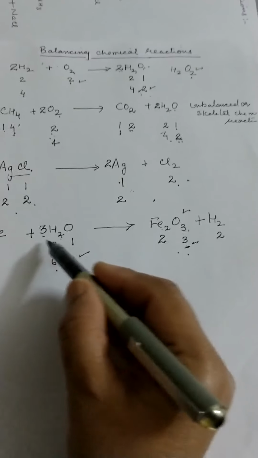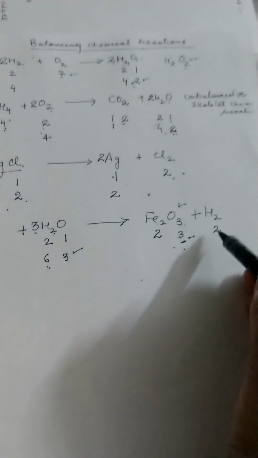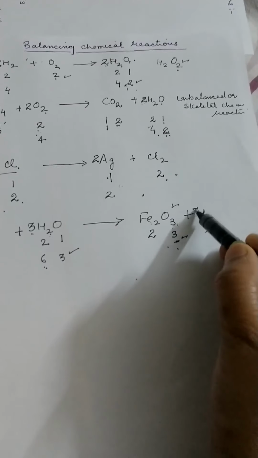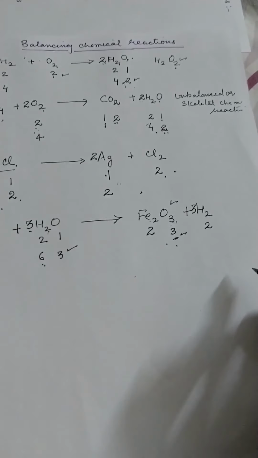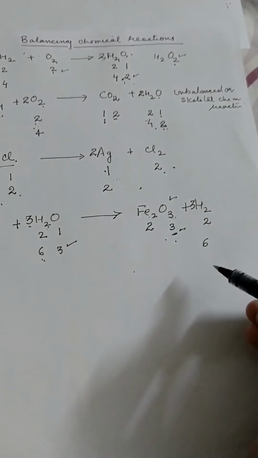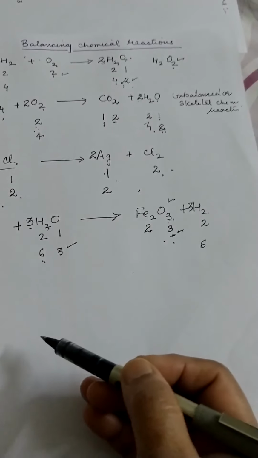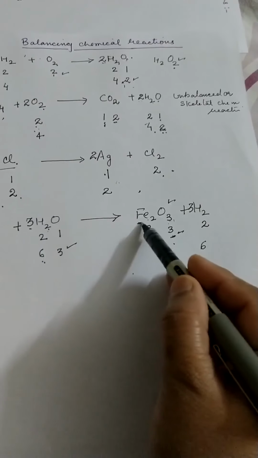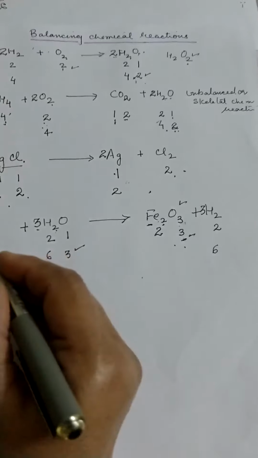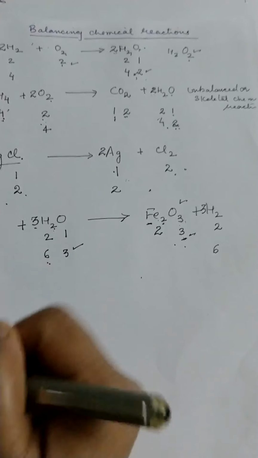Now hydrogen has become 6. To make this hydrogen 6, I will write 3 over here. Right? Now it becomes 6. Now what is not balanced here? Iron. So here iron is 2 atoms. So I will put 2 over here.